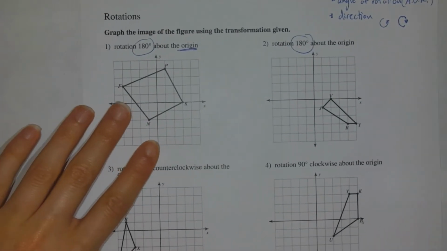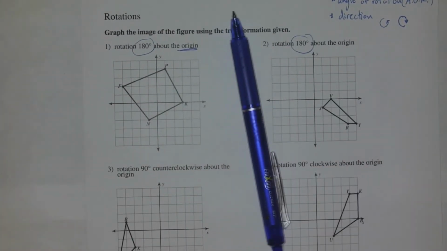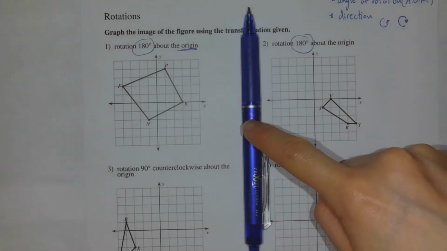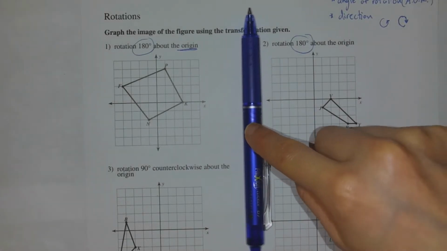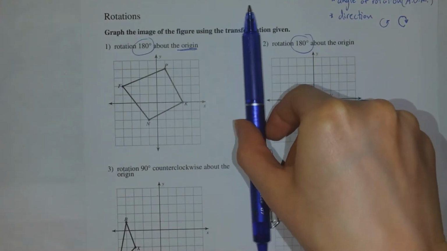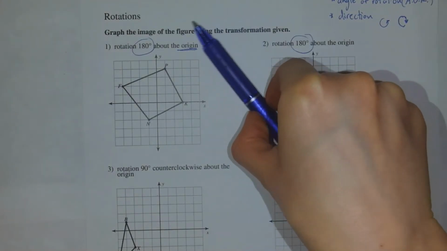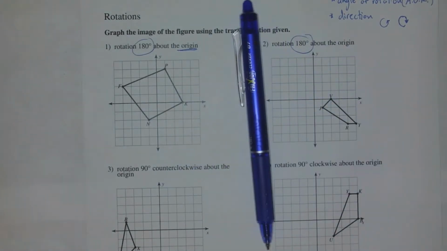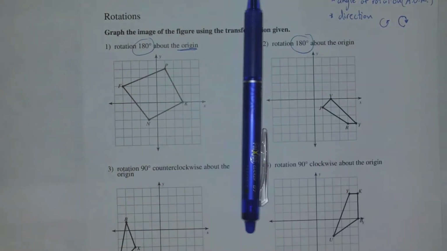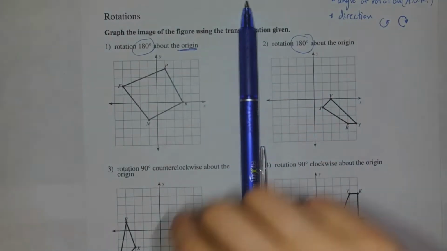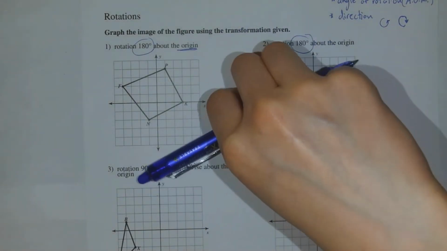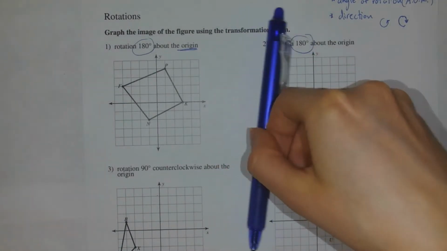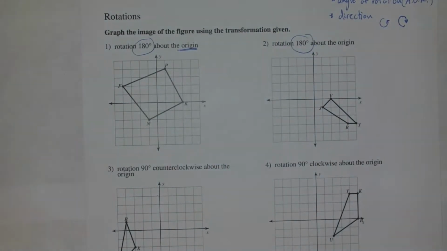If I rotate this pen 180 degrees about its center counterclockwise, that's a half turn, and it ends up facing me. If I do a half turn clockwise, it still ends up facing me. So it doesn't matter which way for a 180 degree turn.